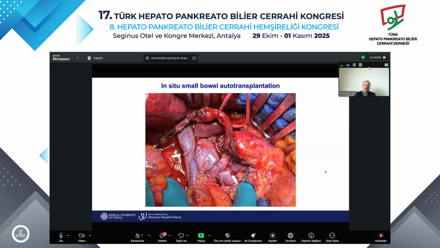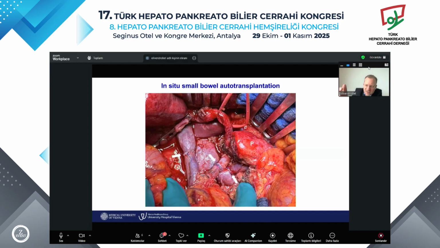But because of this experience, I changed my strategy in 360-degree SMA involvement to en bloc SMA and SMV resection, which is also called in situ small bowel autotransplantation.